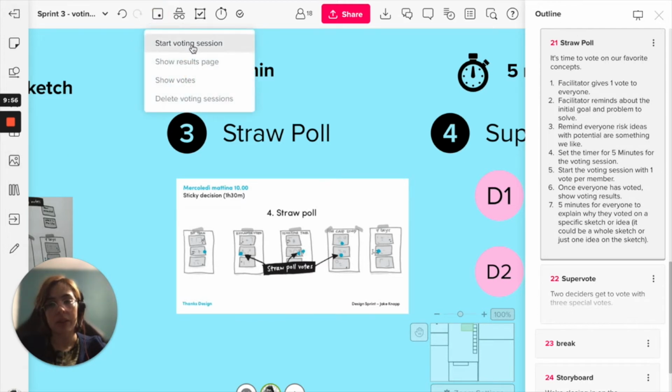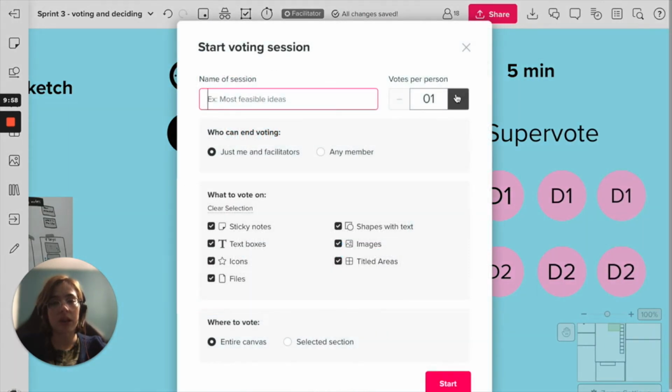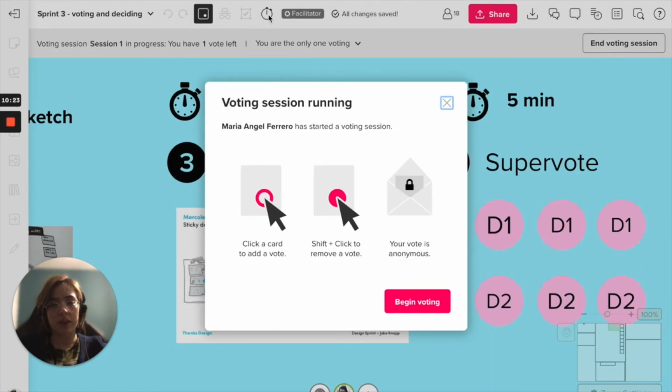You click there, you say start a voting session, and you say that you want one vote per person. Who can end the voting? Just the facilitator. And you can decide on which sections they get to vote, but you can skip this part because you know where to vote. And you can just start. Once you start, remember also to set up the chronometer for 5 minutes, okay?